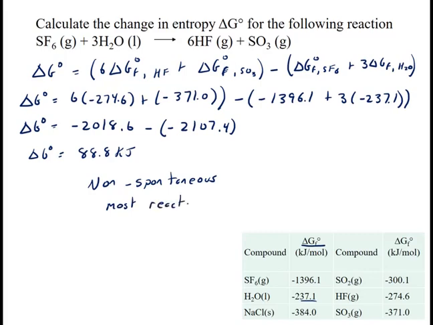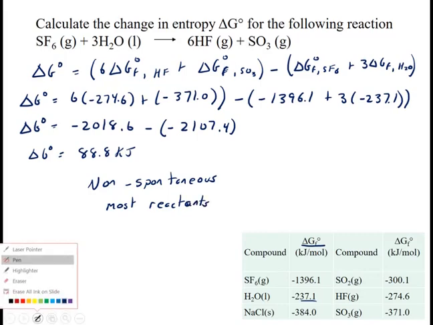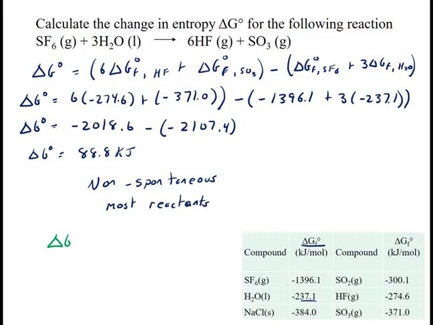Now, if you go back to the other video, from part 1 of this section, we found, using delta G is equal to delta H minus T delta S, that the delta G was a negative 190.6 kilojoules.